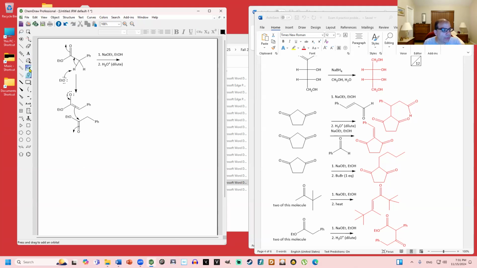And you'll push the electrons into the electronegative oxygen atom. So this is the new bond we just formed.